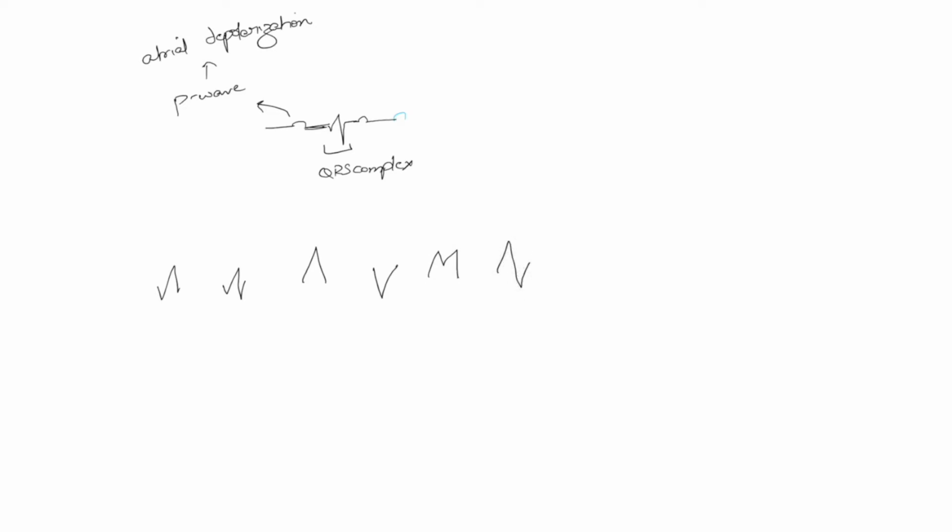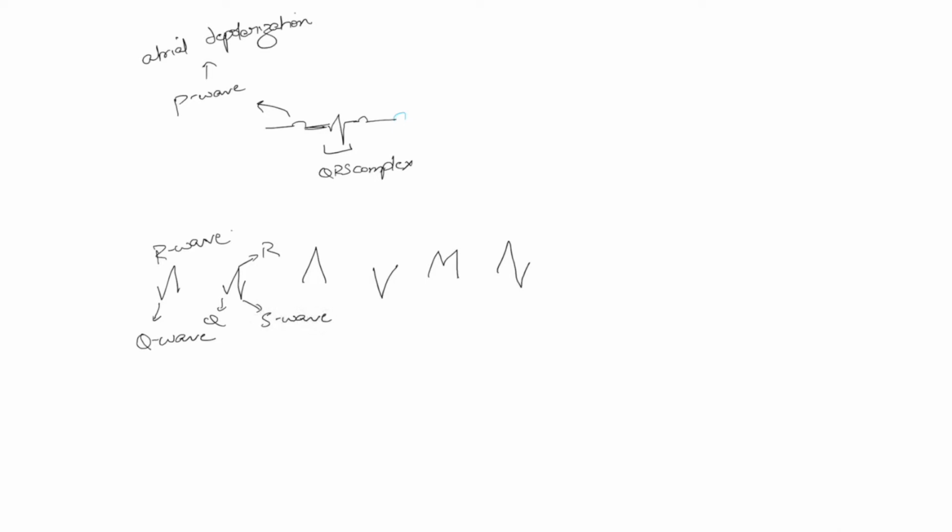Let's look at the permutations and combinations. So anytime the first wave is a negative deflection, it's going to be called the Q wave. Anytime you see a positive deflection, it's the R wave. And again, here this would be the Q, this would be the R, and the negative deflection that follows an R wave is the S wave.